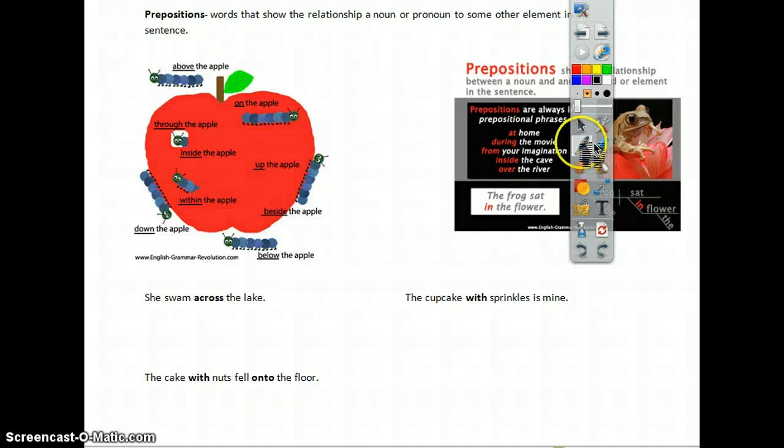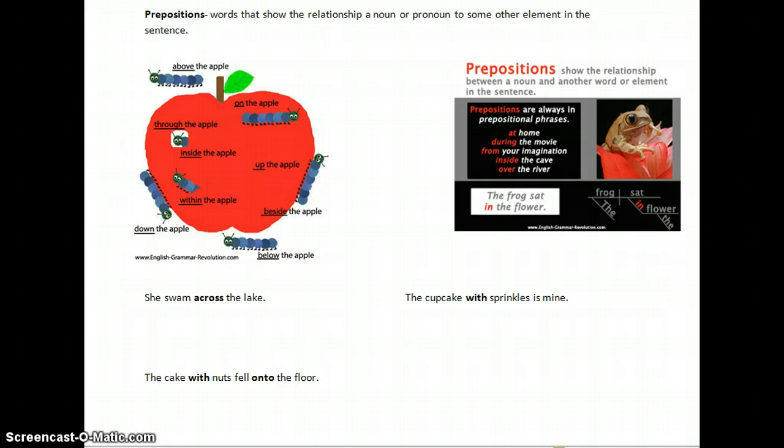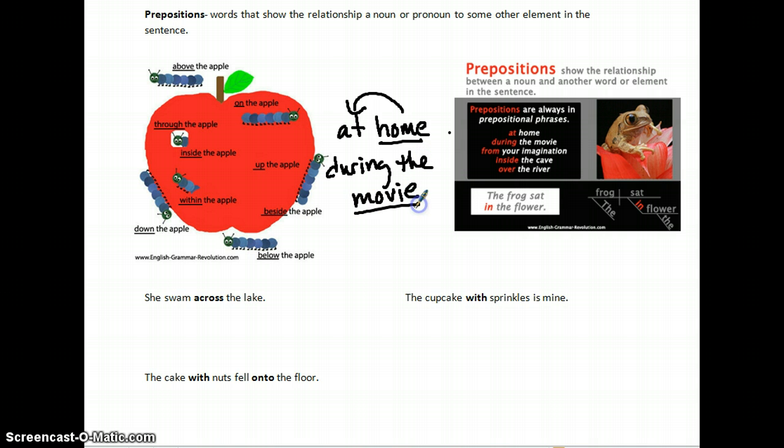So let's just go through some of them. At home, the object of the preposition at is home. Okay? During the movie, movie is the object of the preposition during.